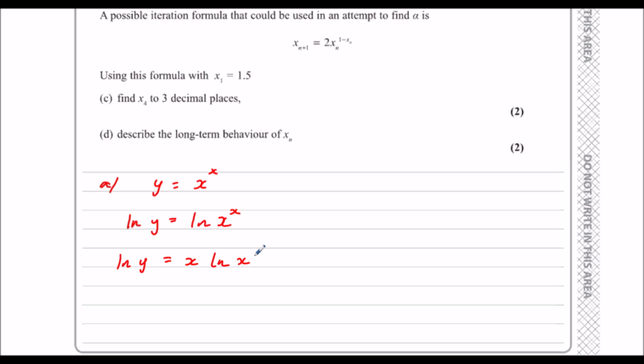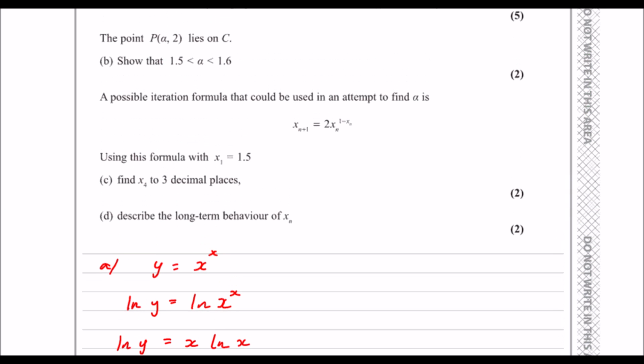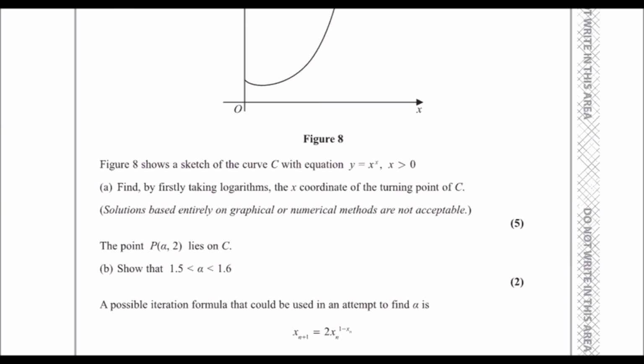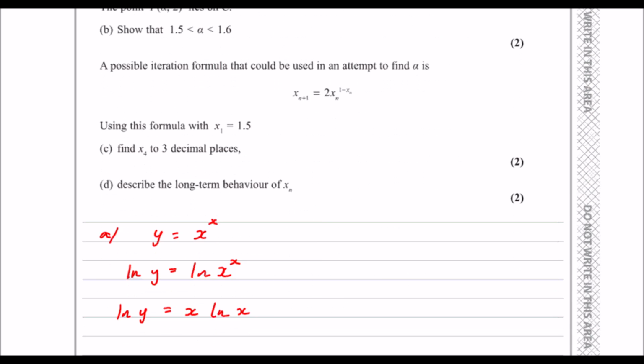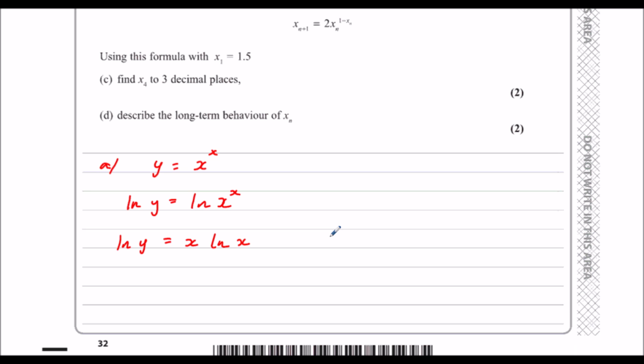So we're differentiating with respect to x. We want to find the turning point, so where dy/dx equals 0. So let's differentiate this. Ln y differentiates to 1 over y, and because it's in terms of y, we put a dy/dx after it. And here we've got a product rule.